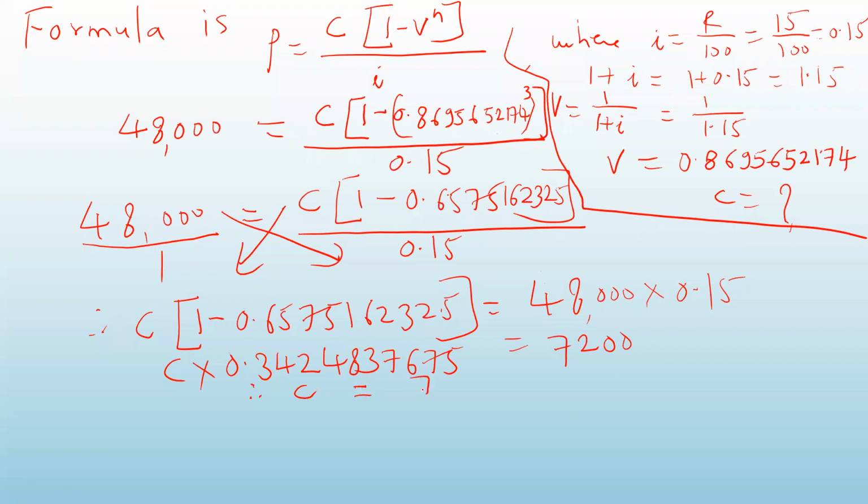So C is equal to 7,200 divided by 0.3424837675. There is a multiplication between these two numbers, so when you shift it here, it will divide. So 7,200 divided by 0.3424837675.